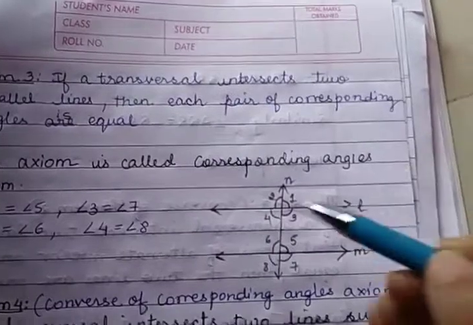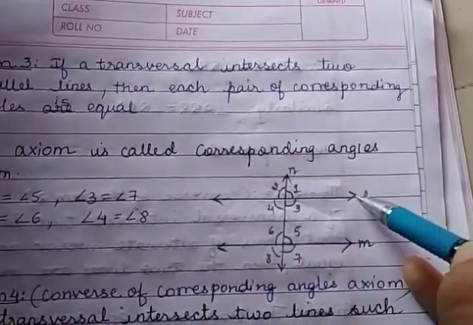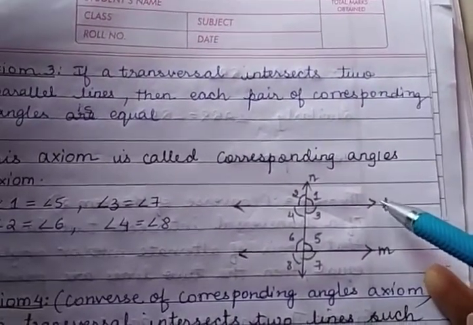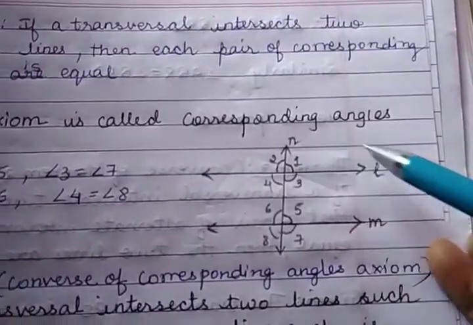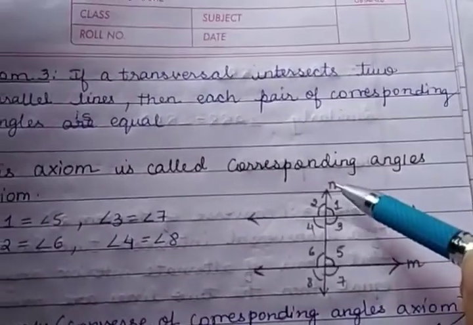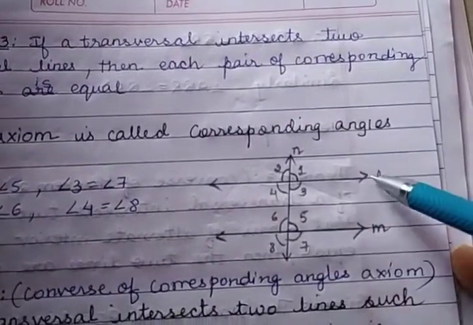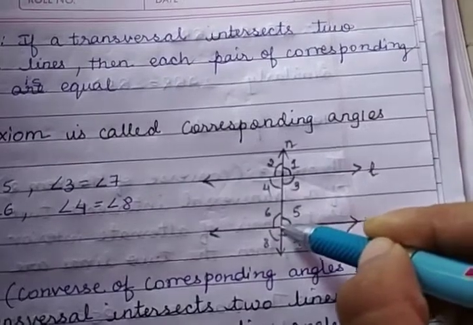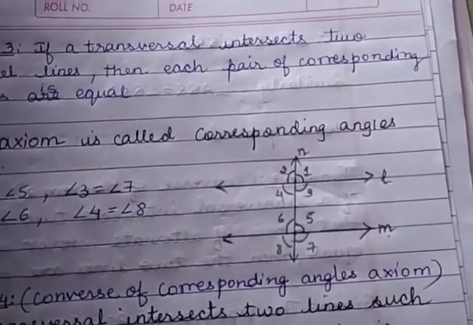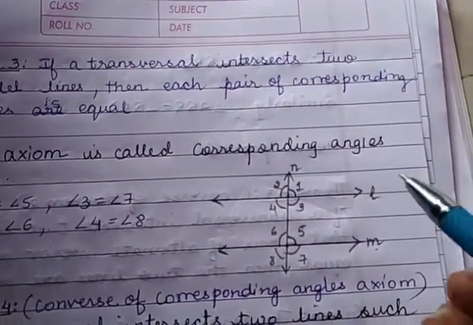So you know that these are parallel lines, the parallel lines are L and M, and the transversal is N. So N is a transversal which intersects the parallels L and M at these 2 points. Then in that case the corresponding angles are equal.